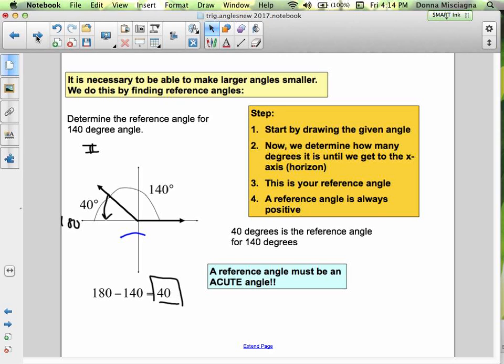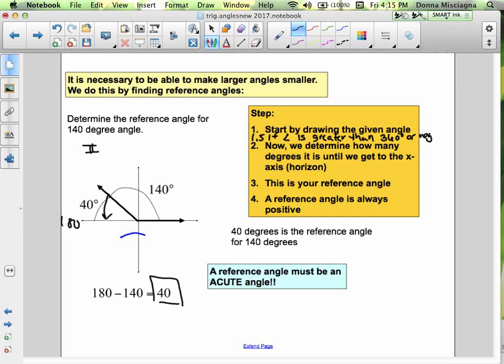All right, so here are our steps. We're going to start by drawing the given angle, whatever it is. There is a step 1.5. If the angle is greater than 360, or negative, find a coterminal angle first.